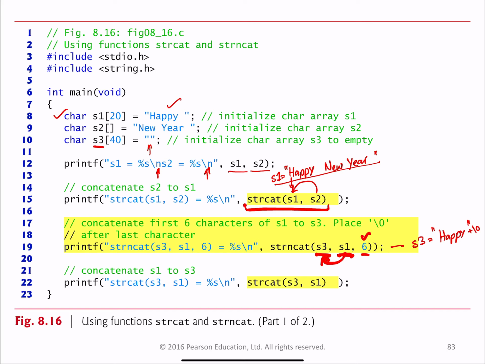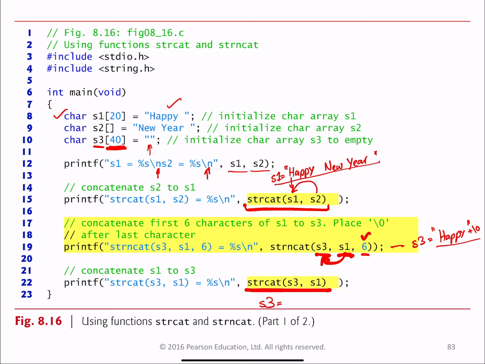Finally, I take this string S3 that I have and I concatenate the entire string S1 to its end. Size-wise, that's not a problem. Remember, the size of string S3 is 40 characters. That's plenty. And what will that do to S3?